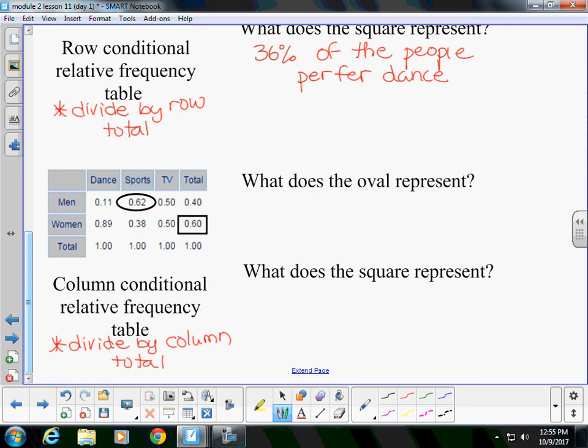So the oval is comparing men to all of the people who like sports. So 62% of the men prefer sports.